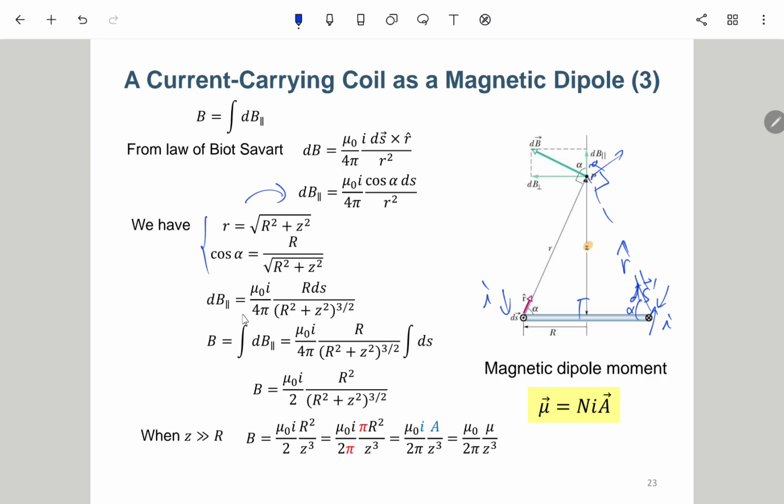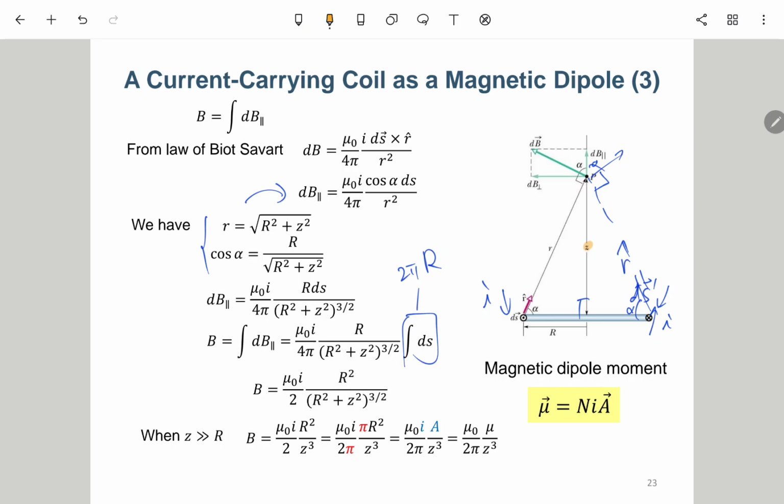So finally, B will be the integration of dB parallel. We integrate ds, and all the other stuff is independent of ds. So this ds is nothing but 2 pi capital R. This 2 pi and this 4 pi partly cancel, becoming this 2, and this R and this R become R squared here.